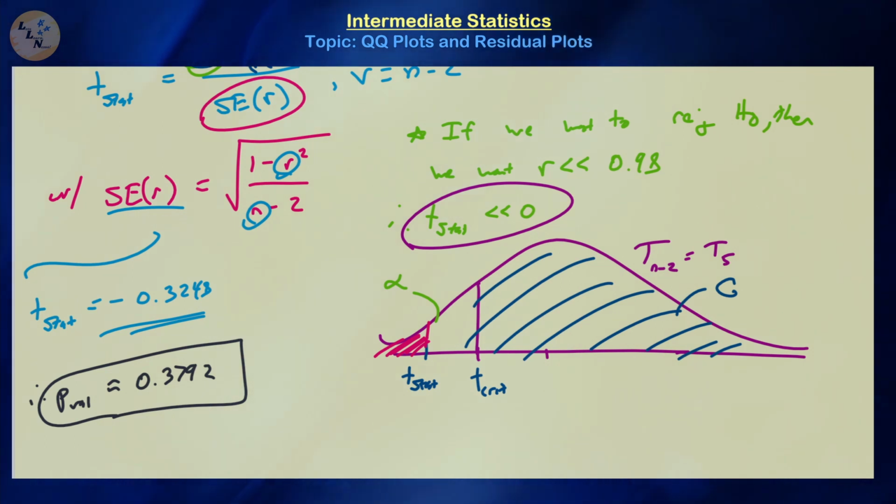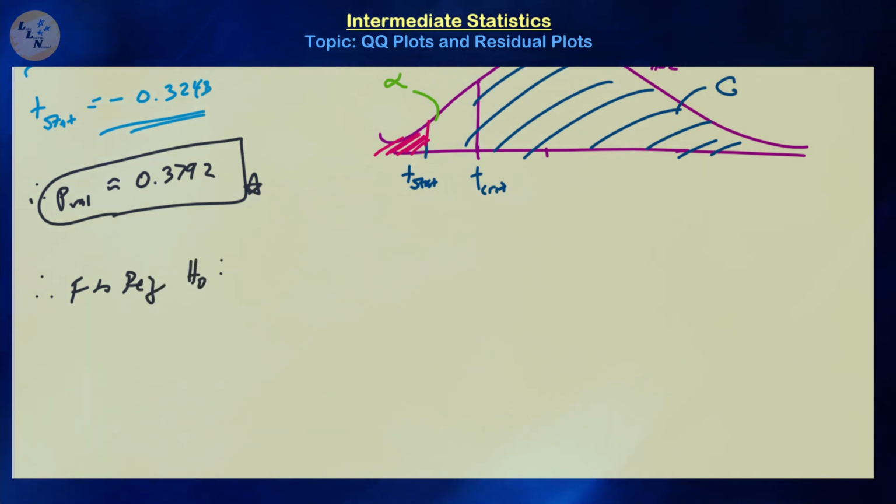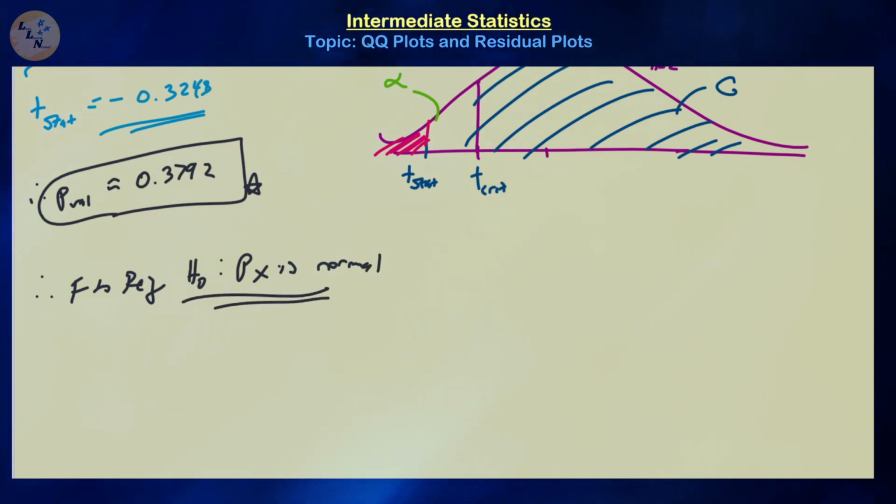Usually people use 5% as a cutoff value, but generally speaking, this is pretty large. So if we have a large p-value, that means we fail to reject the null hypothesis that pX is indeed normal, which sort of contradicts what our observations were from our normal quantile-quantile plot.